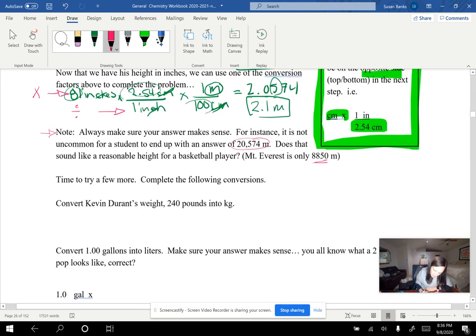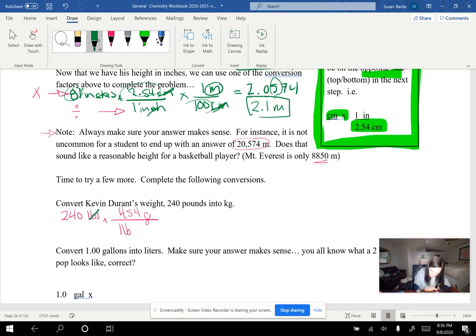We're going to start with our weight of 240 pounds. And that conversion factor that I just had at the top of the page said 1 pound was equal to 454 grams. So I want to put the pound on the bottom so that it cancels out. And I'm going to put the 454 grams on top.